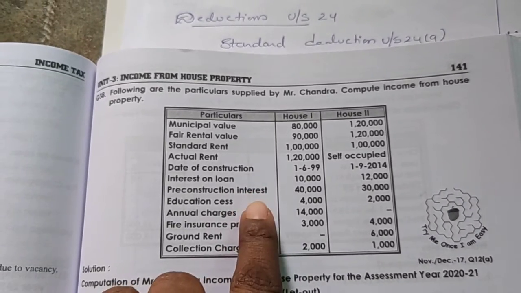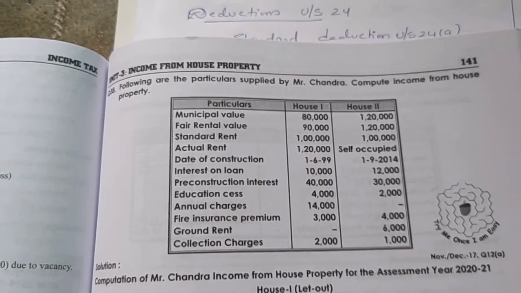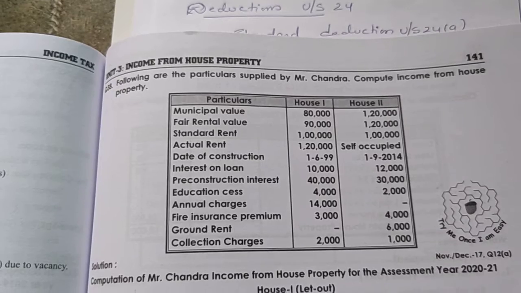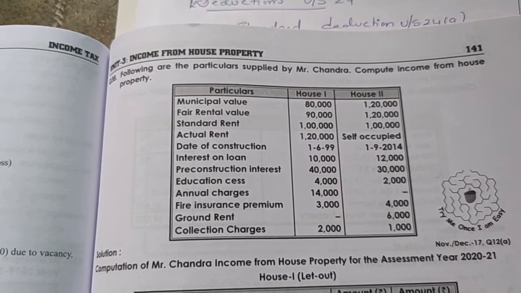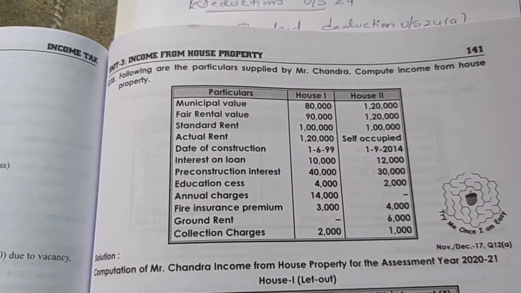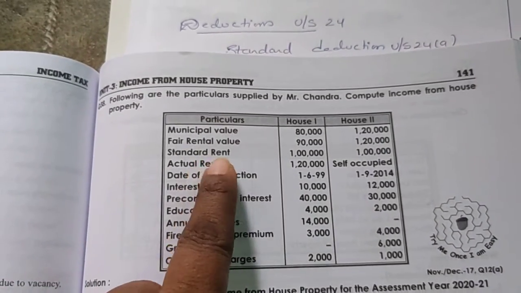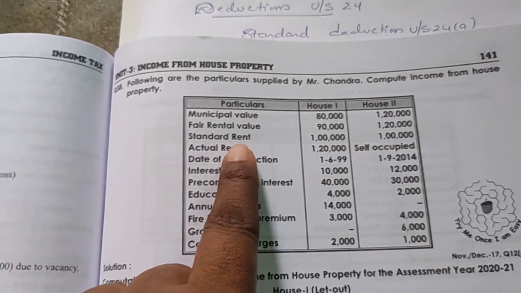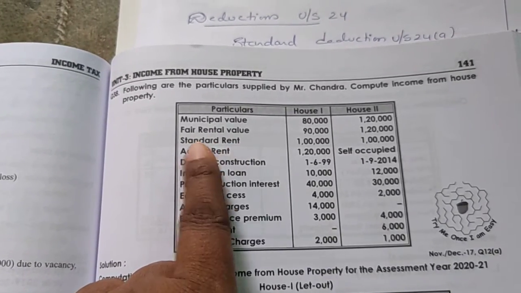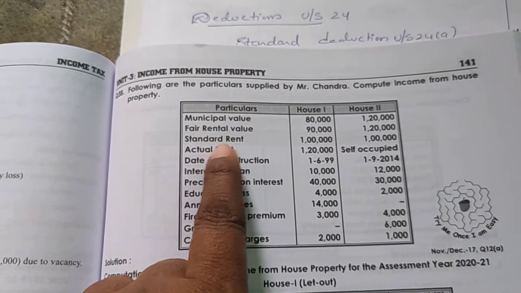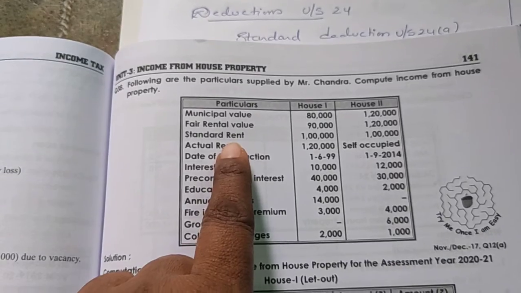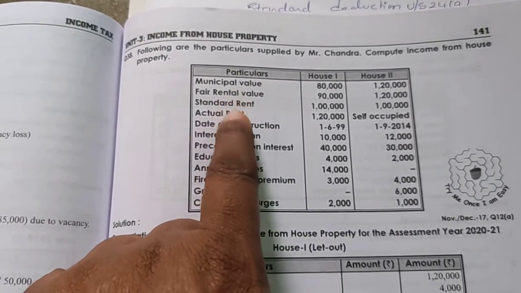First of all, there is no vacancy and no unrealized rent, so it is situation 1. Next, standard rent is there, which means the Rent Control Act is applicable and we have to apply those rules.